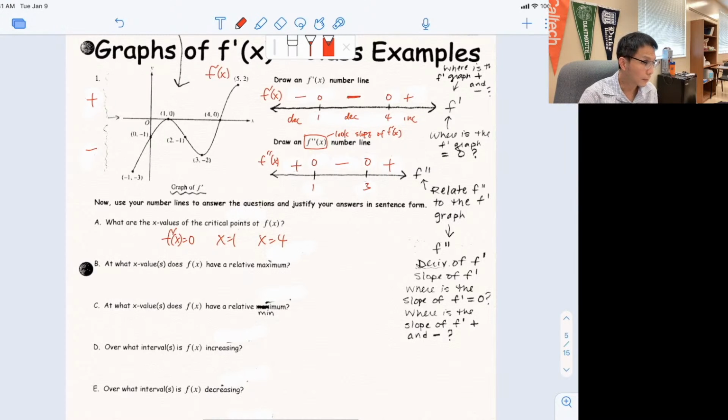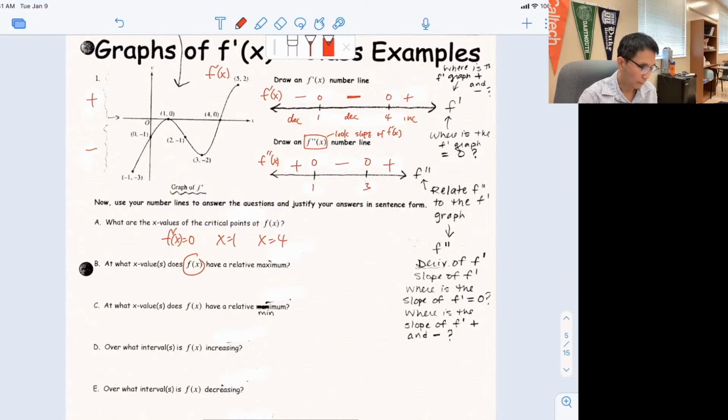Okay. At what x value does f of x have a relative maximum? It has to be at 1 or 4, where it's 0, and then it changes from increasing to decreasing.